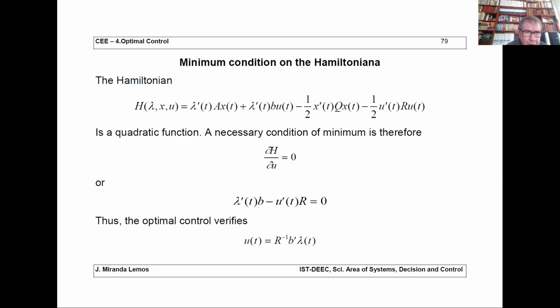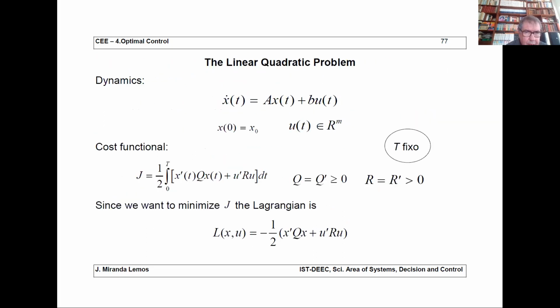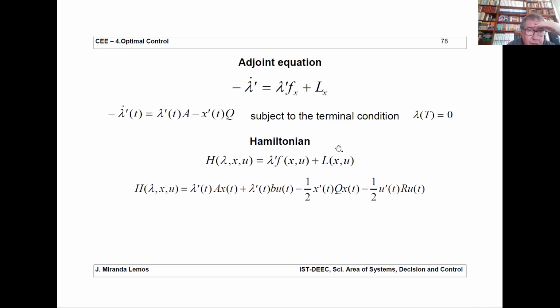So remember, we did this last class. We have our dynamics, our cost. So our Lagrangian is minus, because I'm minimizing, minus 1/2 x transpose Qx plus u transpose Ru. The adjoint equation becomes this stuff, because f is Ax plus Bu, f_x is nothing more than A. The terminal condition is not much important here.